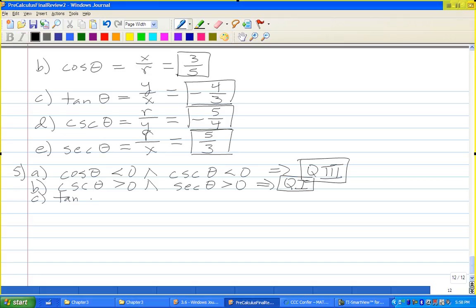Tangent is negative, and sine is positive. No, sine is negative.